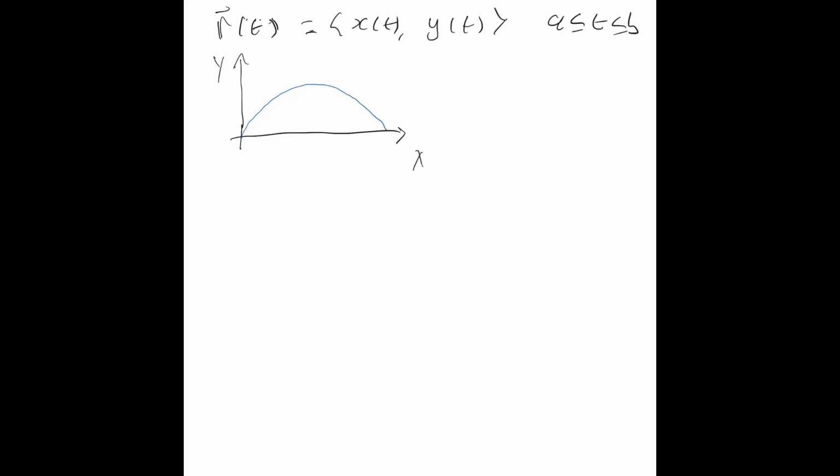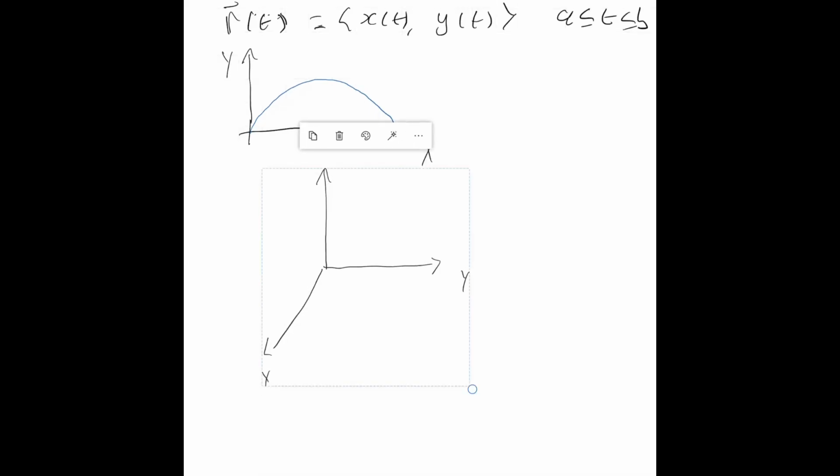Okay, so this is the curve in the xy plane. And now I want to try to illustrate this in xyz 3-space. So this will be the z-axis. Then we have the x and the y-axis.